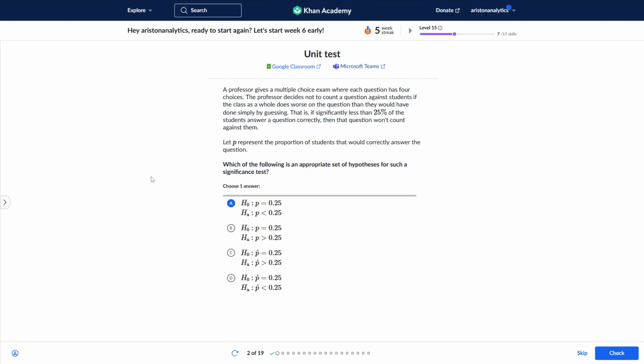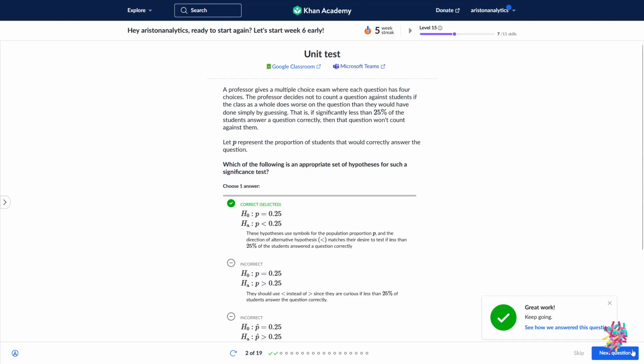P versus P hat. I'm pretty sure it's P, not P hat. Less than 0.25.